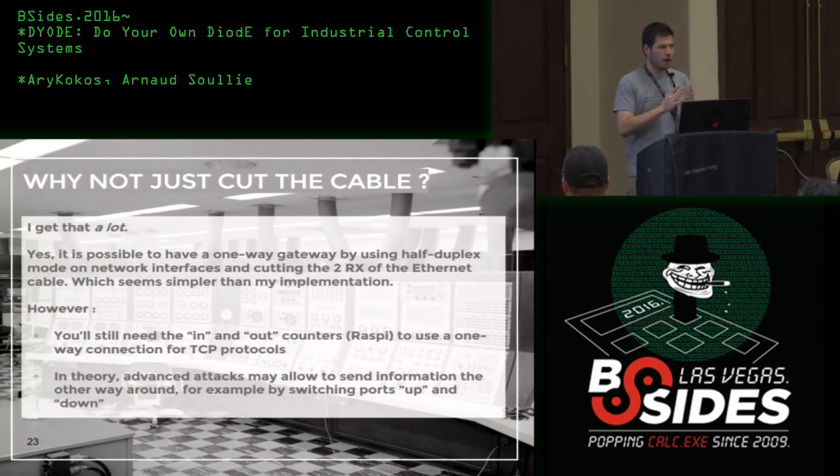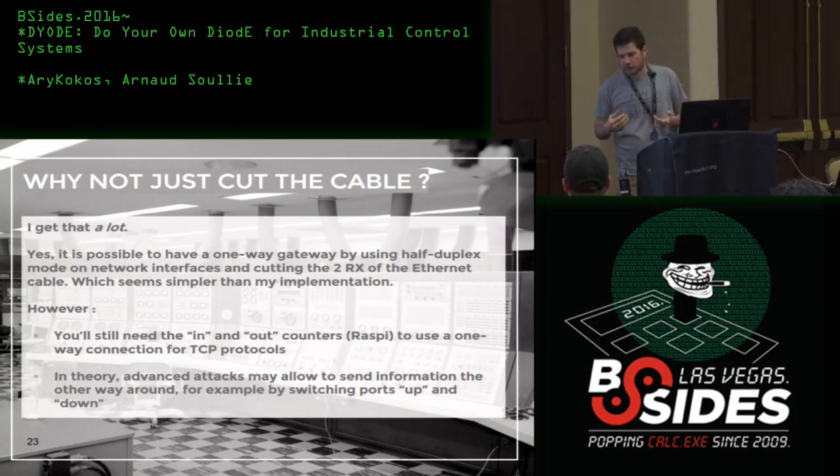This is kind of true. However, as mentioned, the main problem is that most of the protocols use TCP, so you still need to have the Raspberry Pis, for example, to perform the protocol translation. And then, some may sound like NSA-like attacks, but in theory, if you use an Ethernet cable, even if it's cut, and you use half duplex mode on each side of the Raspberry Pis, you may perform port up and port down actions, and that may be used as a side channel attack.